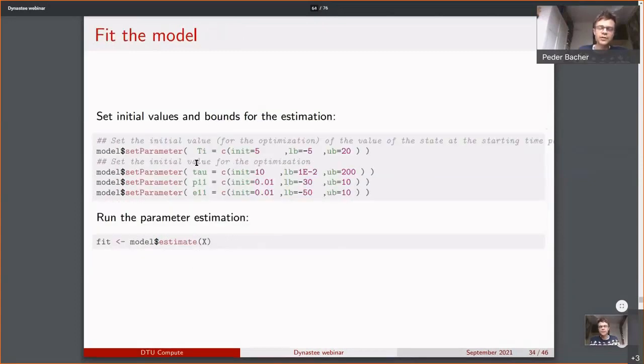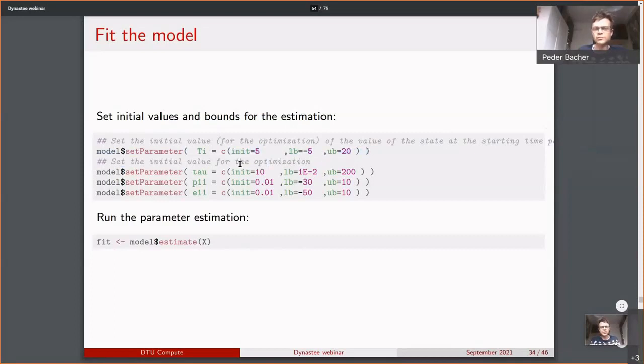Then for the estimation, this is now a heuristic optimization. It's not just some matrices we multiply together and get the optimal parameters. We'll have to do some optimization, and we need to tell the package the optimizer. We can use other optimizers, but the built-in optimizer needs a lower and upper bound for each parameter and an initial starting value.